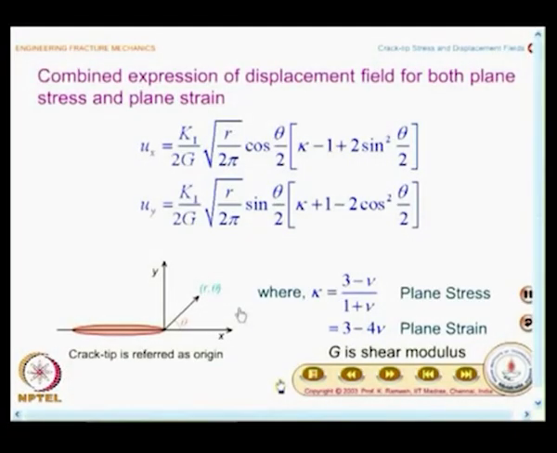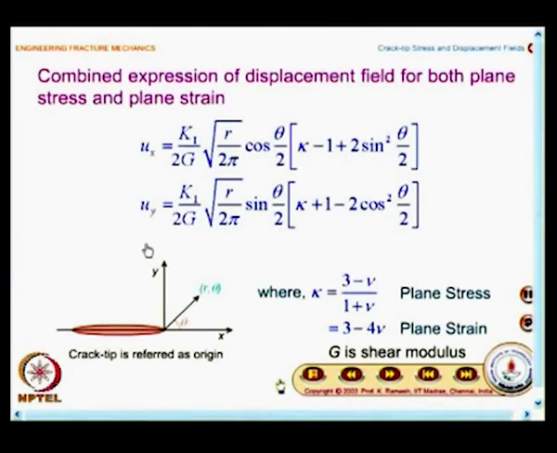This is nothing but representing the displacement field in a convenient form, essentially to save pages, that is what people have thought about it. But expressions are given differently in different books. So, you should know how to look at them, and mind you here for the plane stress situation u z is not given. So, you have to know for the plane stress you also have u z, and you know these expressions are verified several times to check for any typographical error.